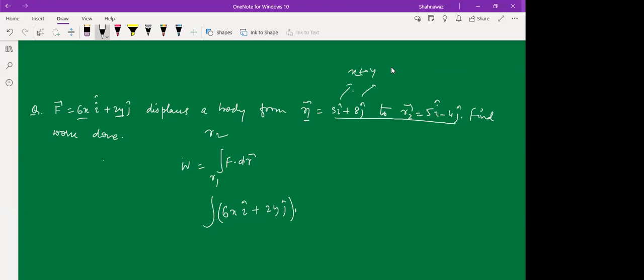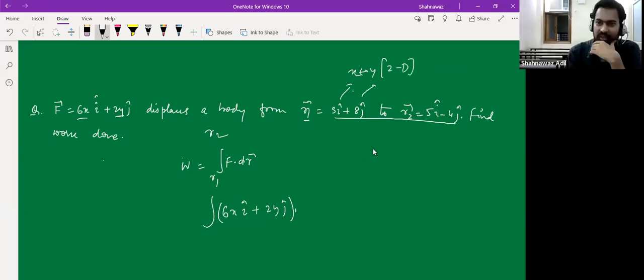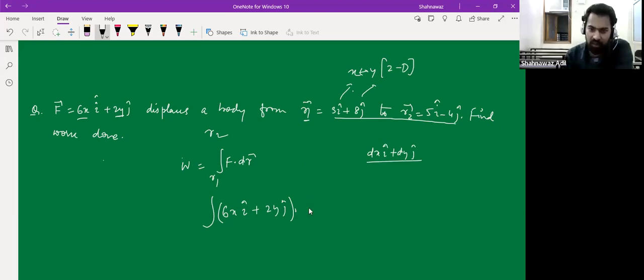So this is two-dimensional, right? So you have two dimensions. So your dr will be dxi plus dyj only, right? Am I correct? So you see that this is x1, this is y1, and this is x2, and this is y2, right?